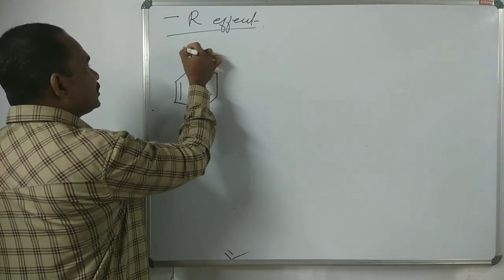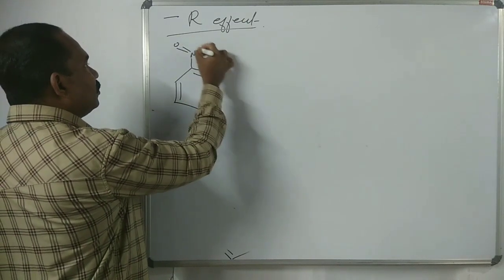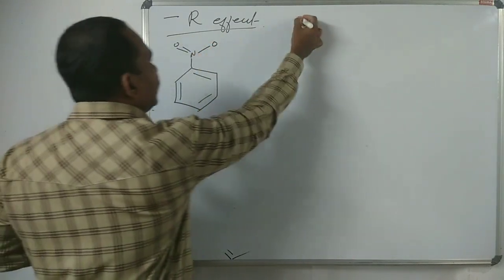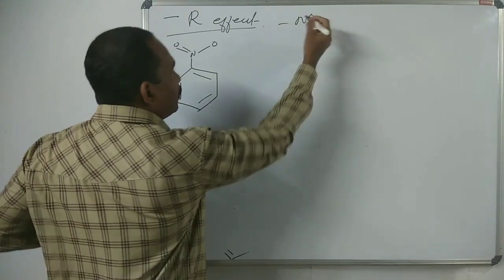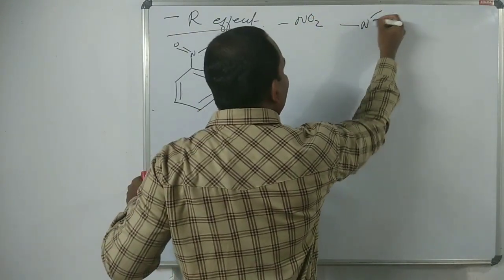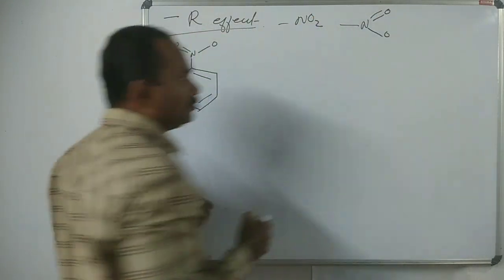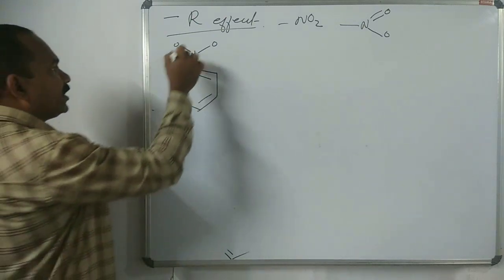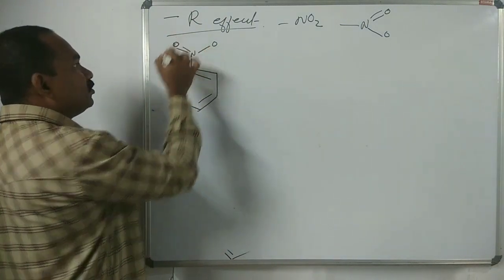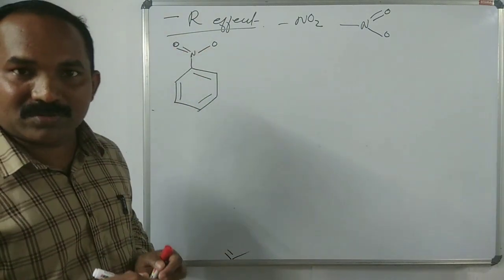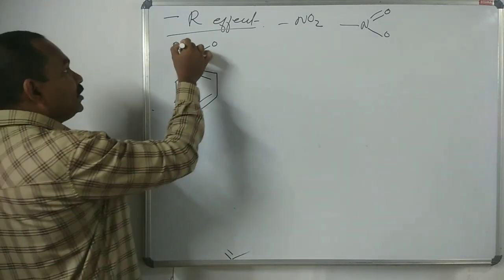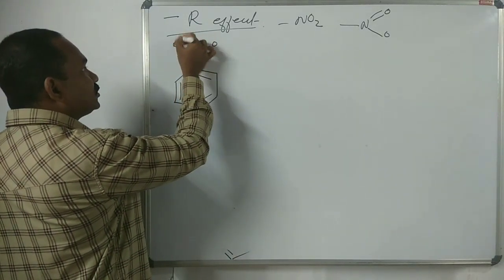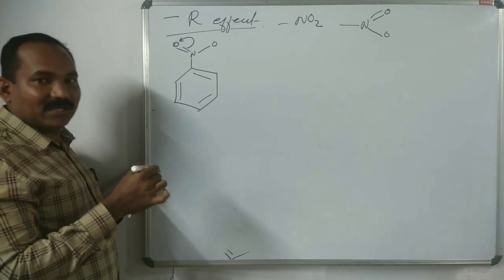The nitro group is N double bond O. The NO2 group is represented by N double bond O. And here you know that oxygen is more electronegative, so the pi bond is shifted to this oxygen atom.